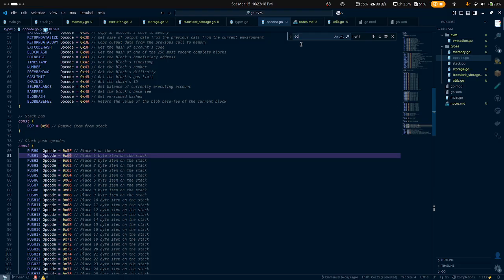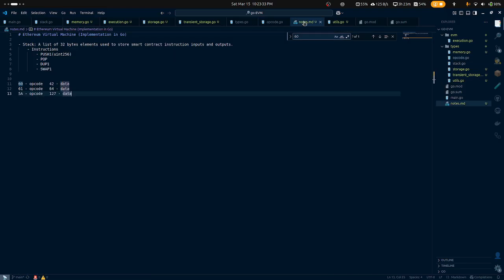And remember, I said that the EVM is a stack based virtual machine, meaning it operates last in, first out, like the data structure. So the 60 opcode is going to take this 42 data and place it on the stack.